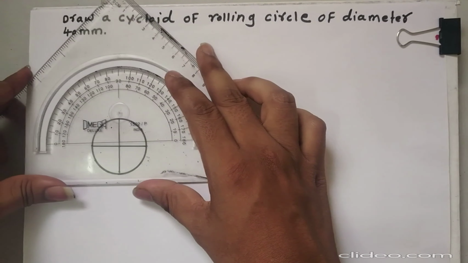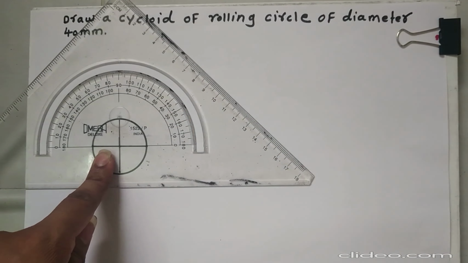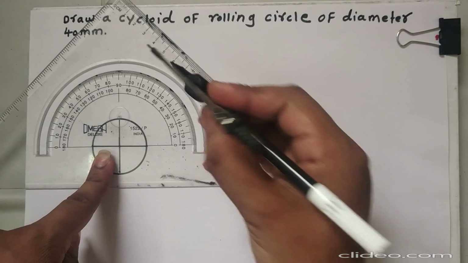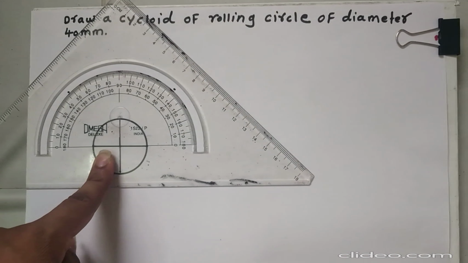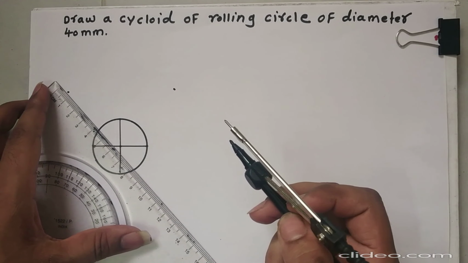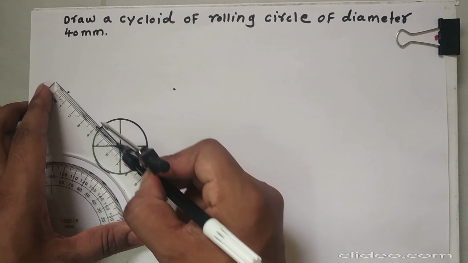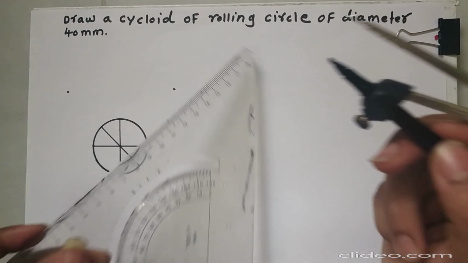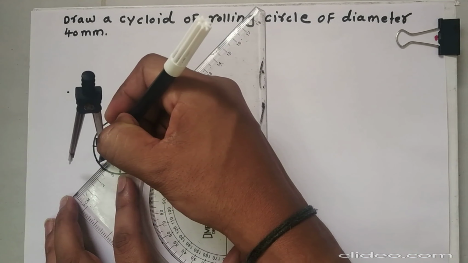Take the protractor and mark a 45-degree angle from both sides. Why 45 degrees? Because if you divide 360 by 8, you get 45 degrees. Next draw the line from this angle, and from the second point draw the line from this angle.